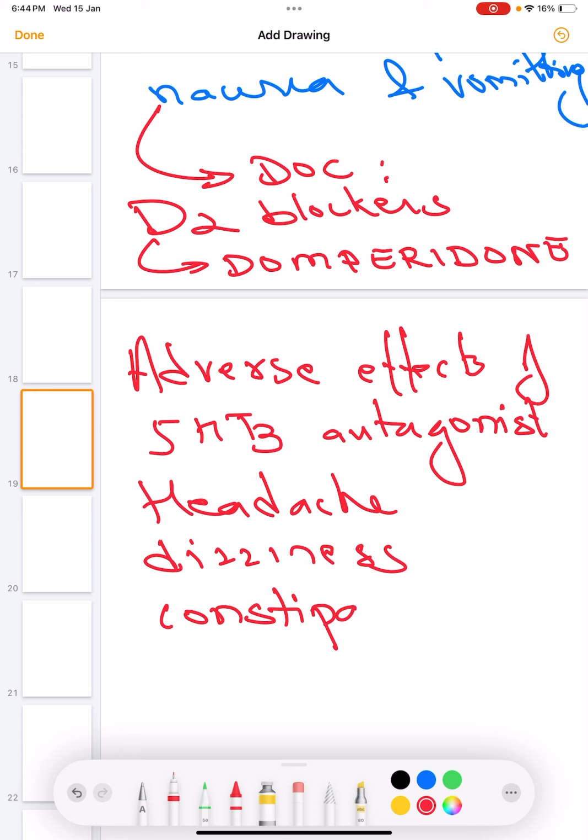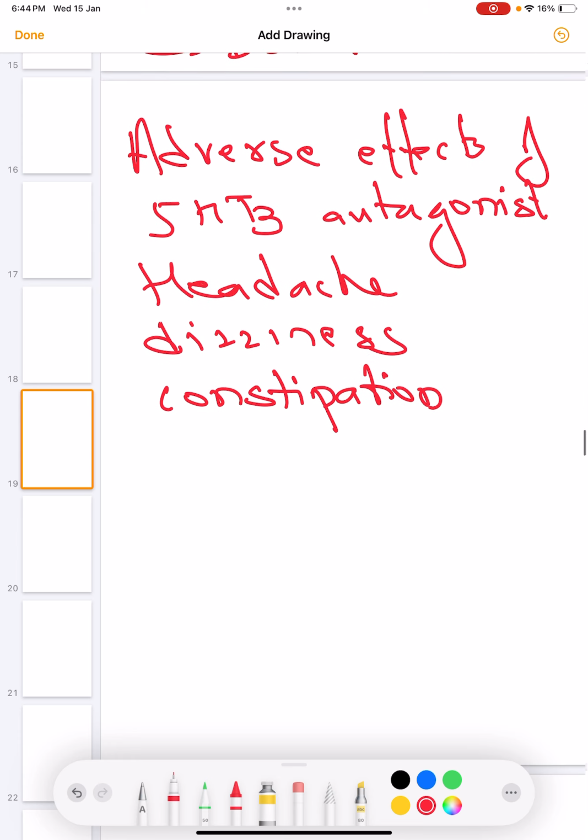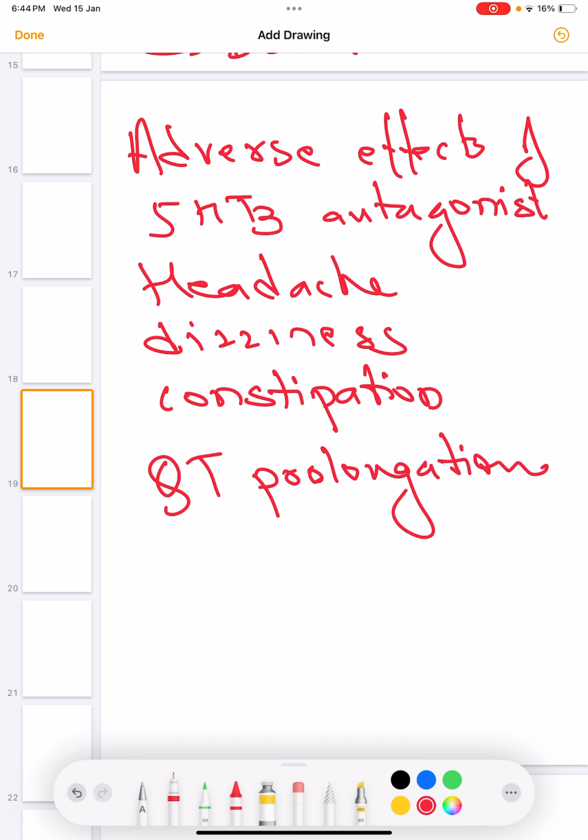Now, one thing we have to remember is that 5-HT3 receptor antagonists cause QT prolongation. So they should not be given with other drugs which cause QT prolongation, or if a patient has QT prolongation. QT prolongation is also known as torsades de pointes.